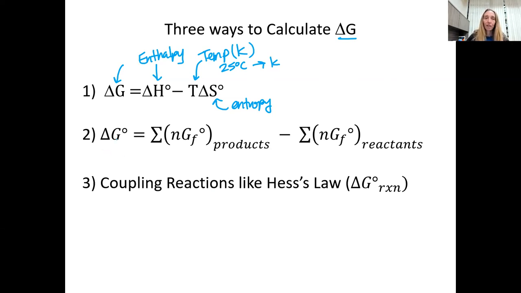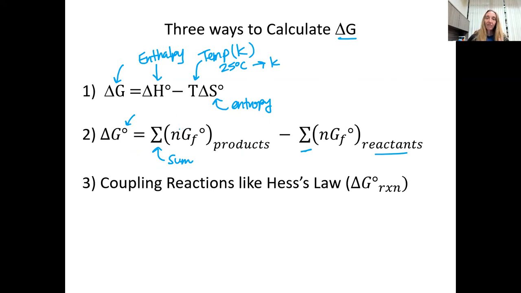Another way that we can calculate delta G, and this is only at standard conditions, is this formula that you have hopefully seen before when you were calculating delta S or delta H values. We have our change in Gibbs free energy at standard conditions equals the sum of all of the information about the products minus the sum of all of the information about the reactants.